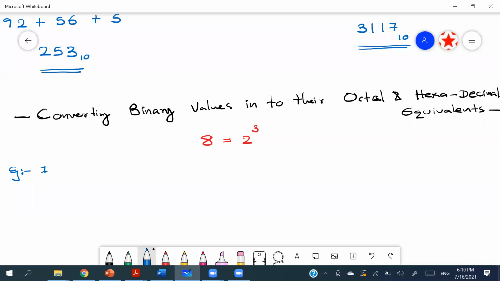So example number 1 is about the binary into octal conversion.